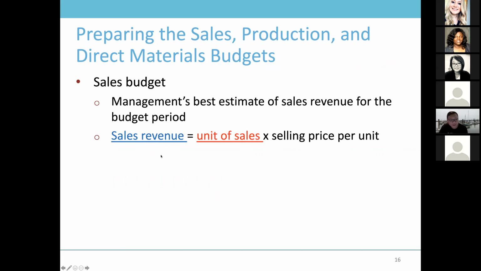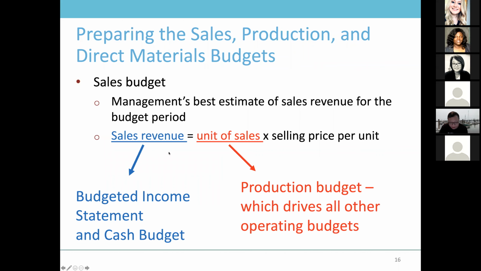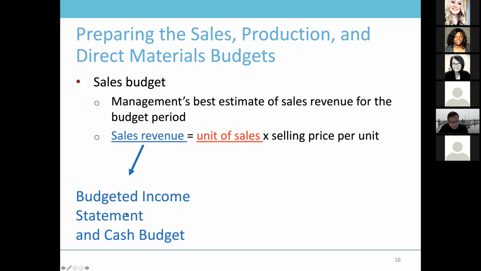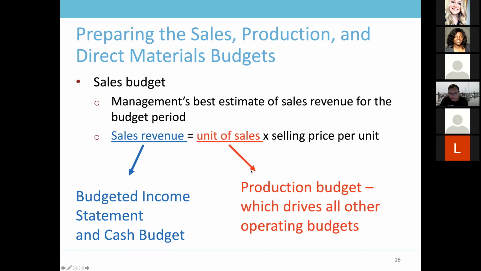The sales revenue flows to the budgeted income statement and the cash budget, and the units of sales go to the production budget, which I have talked about.